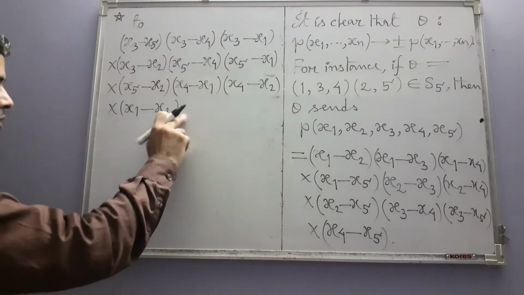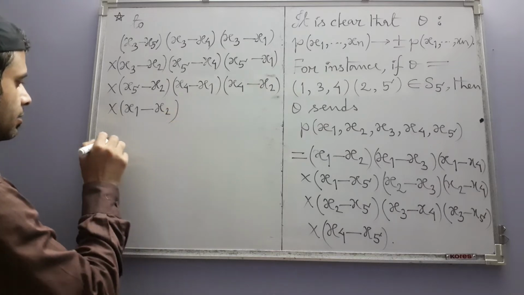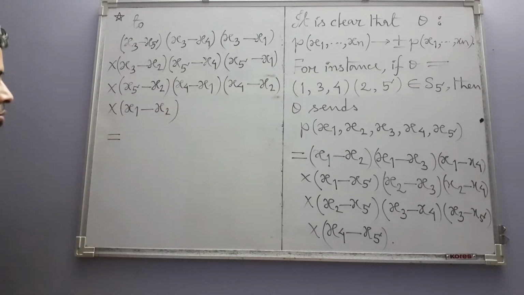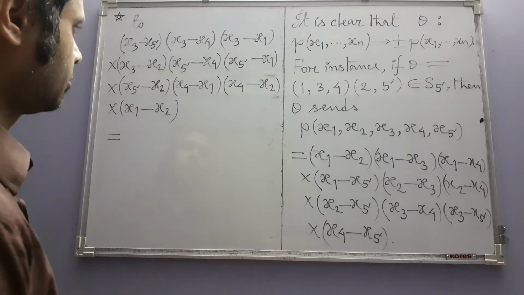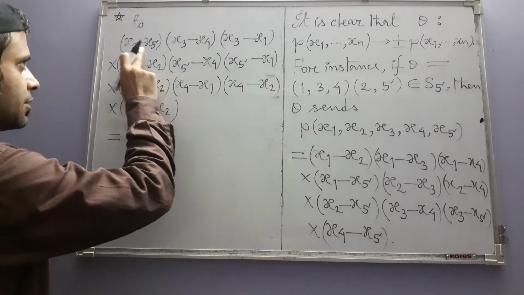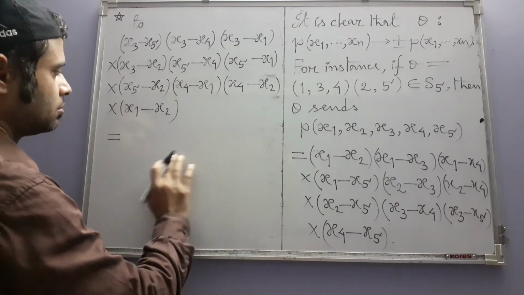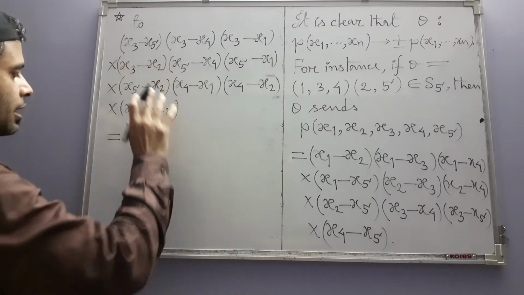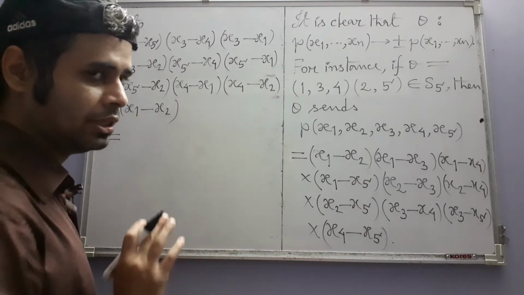Now you can note here that we are going to continue this calculation. You can note that in some of the factors the variables are actually the way they should be.